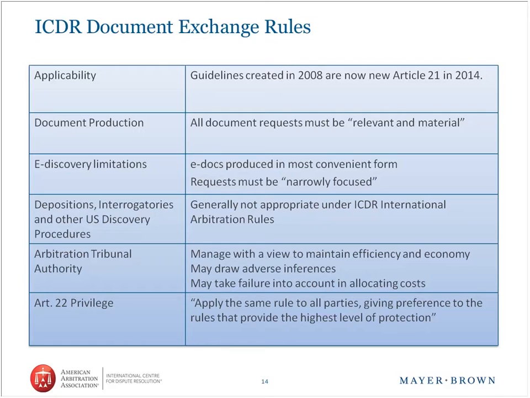Just codifying the privilege law that will govern, for example, is a huge plus, because otherwise you are likely to see disputes about what law should govern privilege claims that are made in international arbitration. So this is a plus in terms of promoting the efficiency of the dispute resolution process.